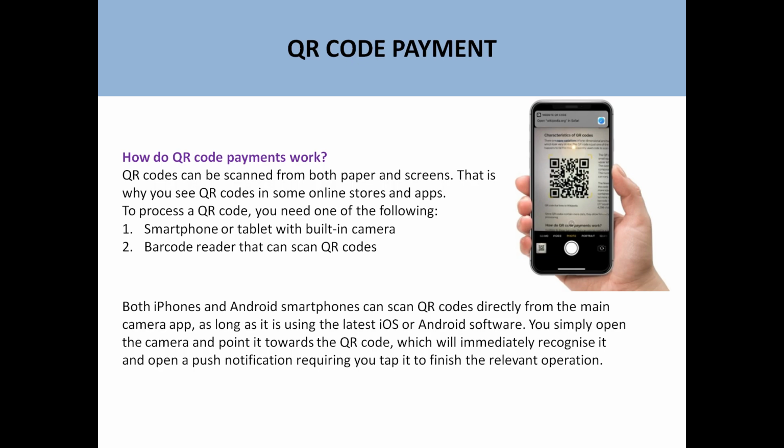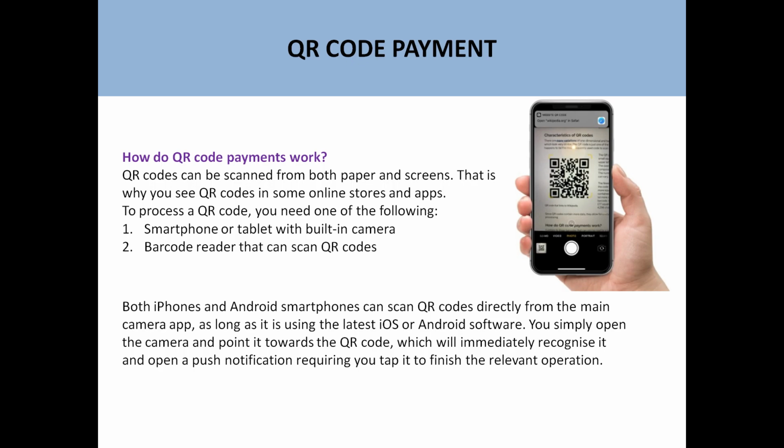Anyone else having a smartphone will scan the QR code from my mobile phone and do the payments accordingly. Also, a QR code can exist printed on paper, and you scan it and do the payment. This is also possible.